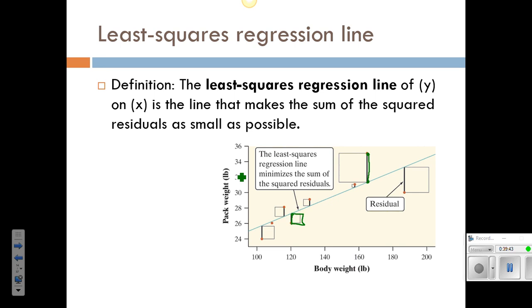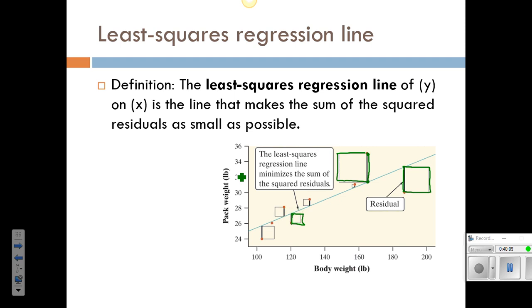Do you guys see that this square has area, that square here has area? What the least squares regression line does is make sure there is one line that makes the sum of all those little areas the smallest. And if the sum of all those areas is the smallest, it's the best prediction line.